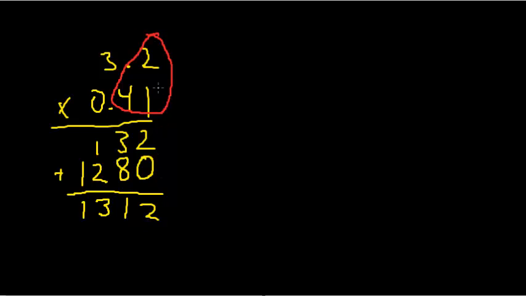So when I go to put my decimal point, I need to go 3 digits in and put my decimal point right there. So 3.2 times 0.41, I get 1.312, or 1 and 312 thousandths.